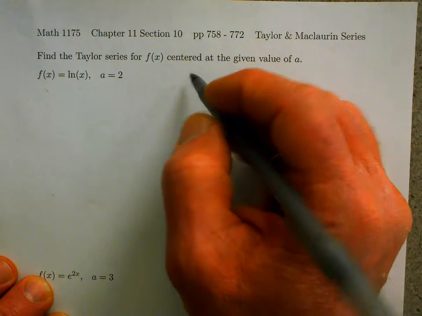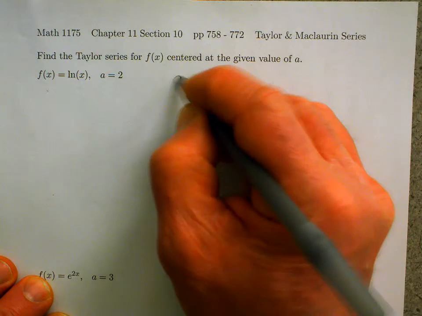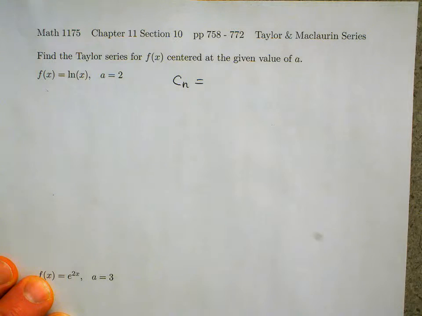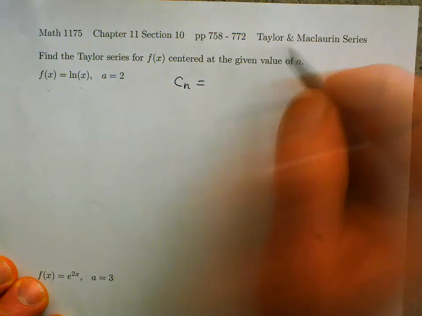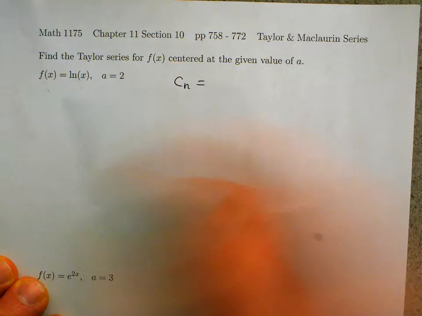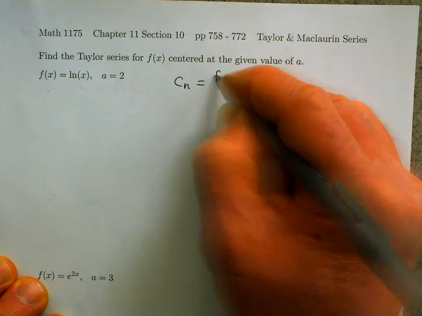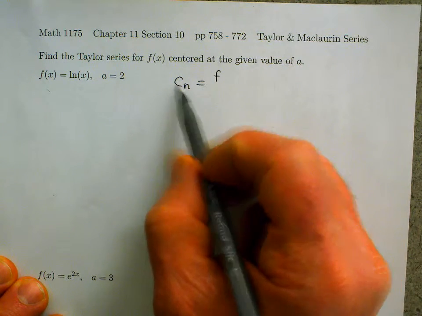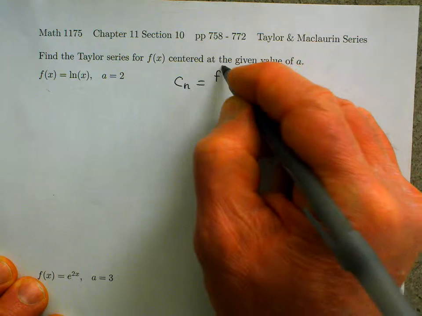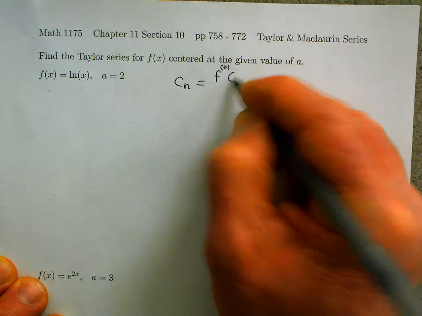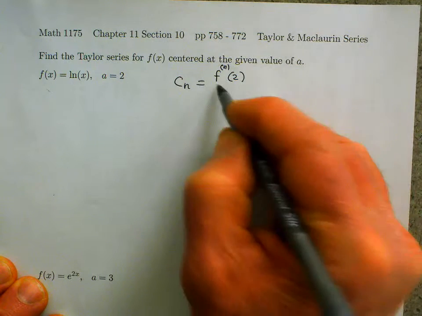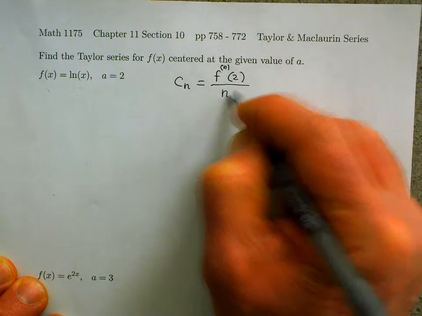So the coefficients, we can at least write that down before we run out of time. The coefficients of the Taylor series, the nth coefficient c sub n will be the nth derivative of f evaluated at 2 divided by n factorial.